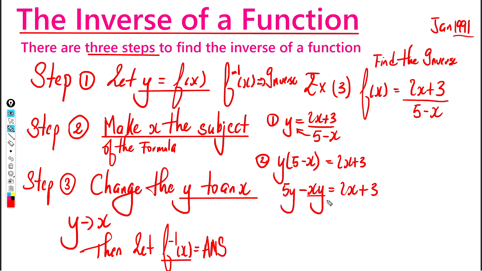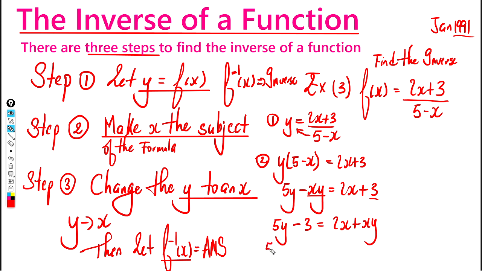I'm going to carry the xy over to the right side and carry this 3 over to the left side because I want the x's to be together, and I want to leave the y's alone. So I'm going to end up with 5y minus 3 is equal to 2x plus xy. Then I'm going to factor x out of this.